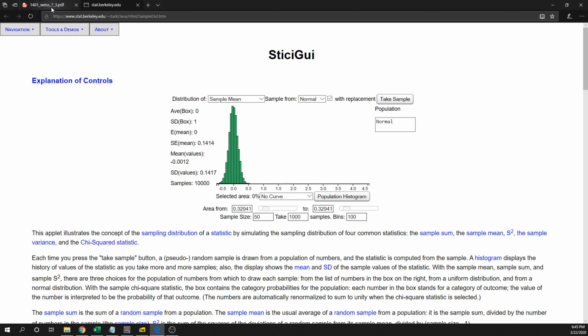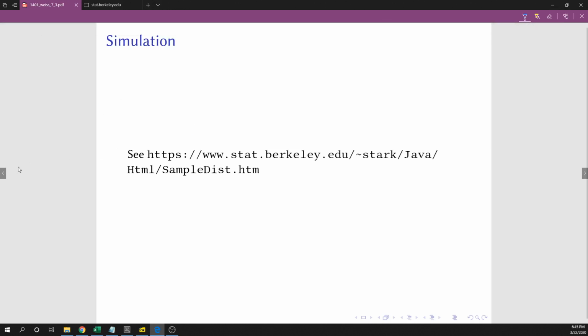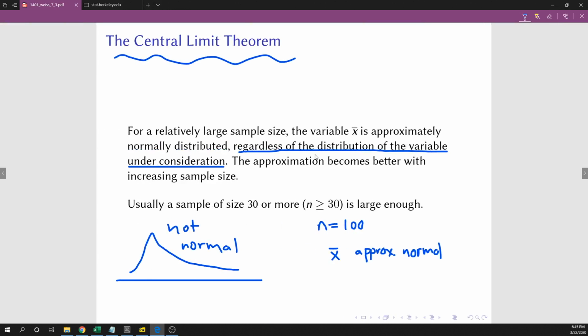So that's not a proof of the central limit theorem, but it is sort of an illustration that says, hey, regardless of the distribution of the variable that you start with, as long as we keep the sample size large, 30 or bigger, then the distribution of the sample means is going to be approximately normal. So that's why we kept getting those bell-shaped curves for those green graphs there. Okay.